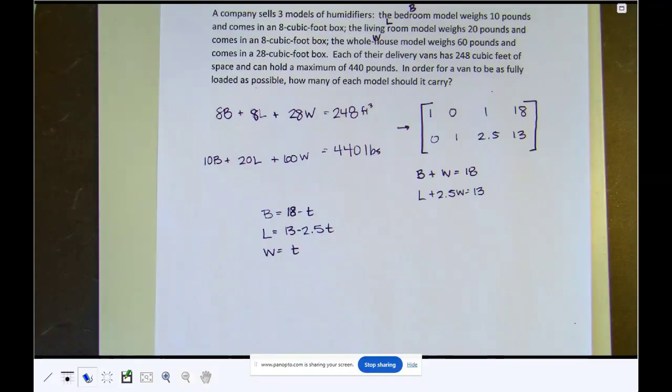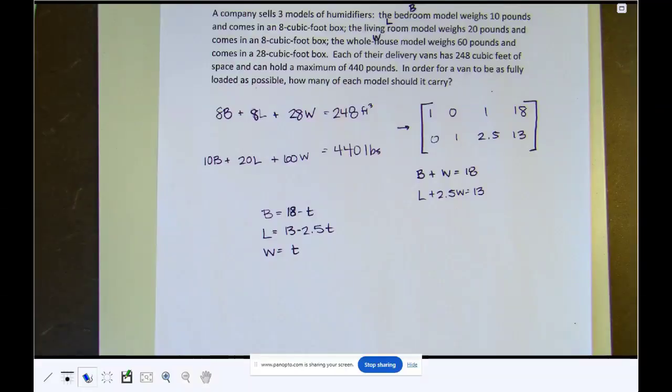So the biggest one is T and everything else depends on that. So we said there are infinitely many solutions. Numerically speaking, there are infinitely many solutions. There are not infinitely many solutions to our problem though. Why?